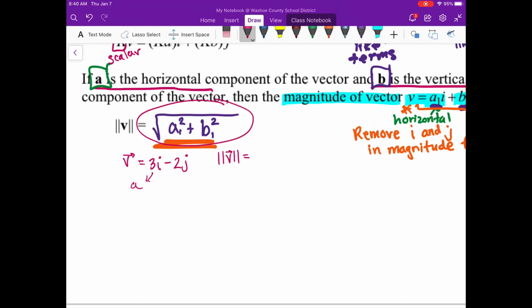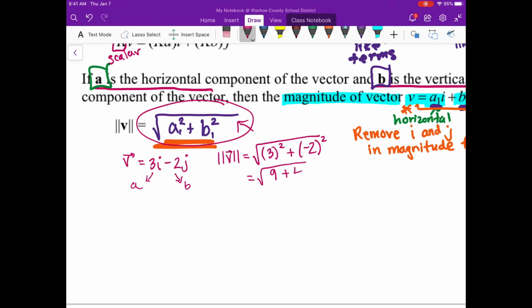So identify your a value. In this case, my a value is 3, and my b value is -2. Bring that negative with you. If that was a plus, you would make it a +2. And we would just substitute into this formula right here. So a is 3, we're going to square that, and b is -2, we're going to square that.